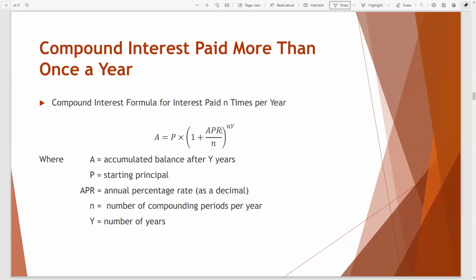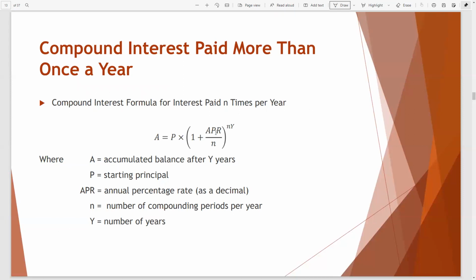So the APR is the annual percentage rate. Every time it makes a payment, the rate you need is the APR divided by n, because the APR is annual. You divide the APR by the number of compounding periods every year to see how much rate is actually paid each time. And the total number of payments will be years times the number of compounding periods every year.